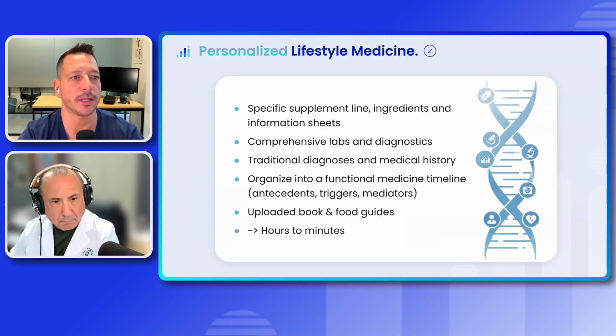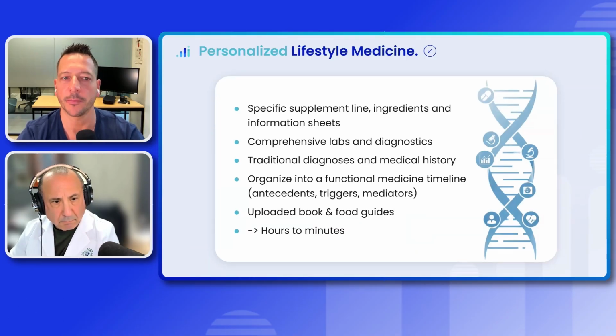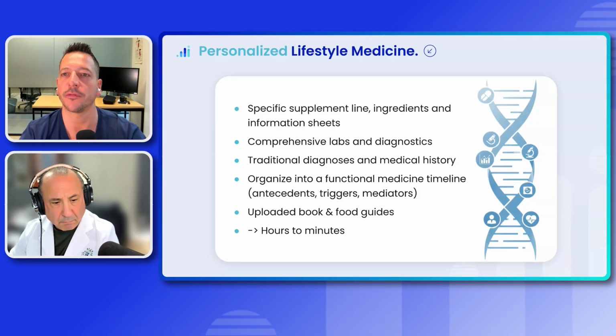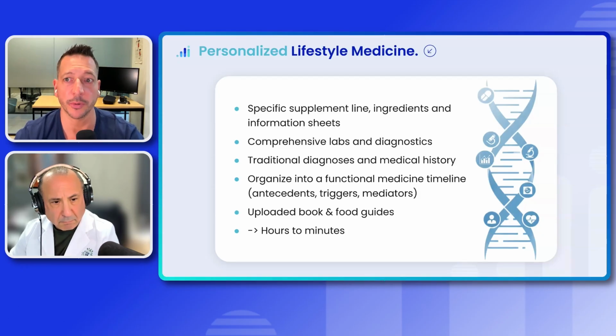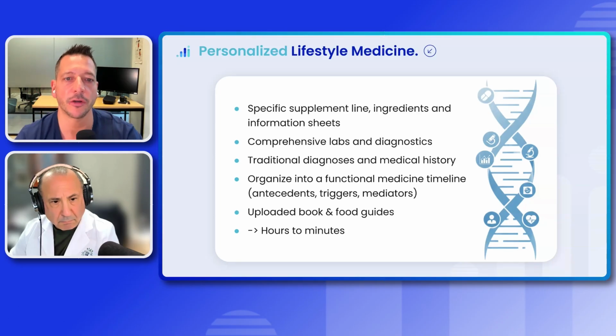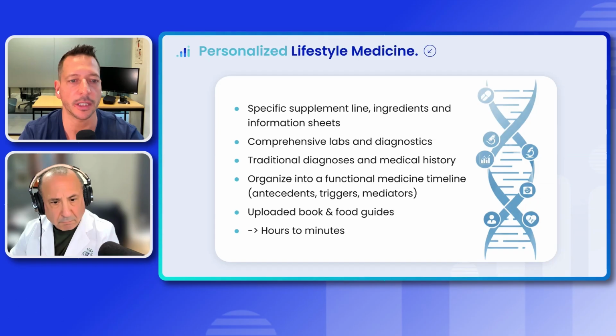We can have agents that build protocols for you. So, Dr. Charlyn, you have an incredible example where you've taken some of your specific content, your book specifically, on how you treat. You've taken your specific supplement line with the ingredients and the doses that you've developed. You've basically built an agent to automate the generation of these protocols, which has been a very helpful time saver.